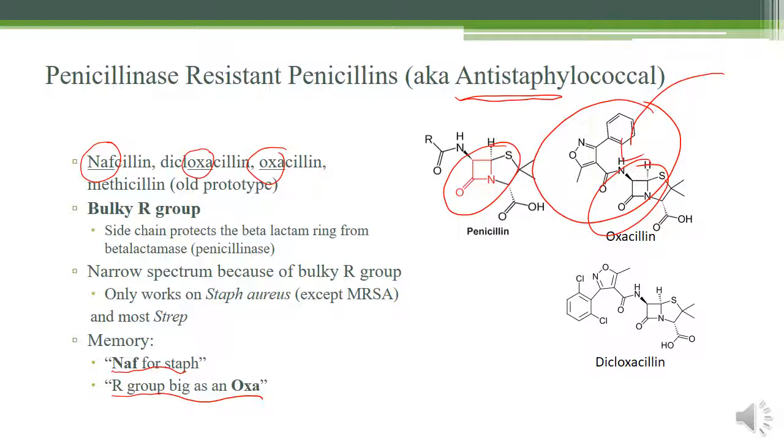The only time it doesn't work on Staph aureus is if it is an MRSA, methicillin being the prototype for these penicillinase-resistant penicillins. So methicillin-resistant Staph aureus is often a hospital-acquired infection that you have to think of a different antibiotic for.